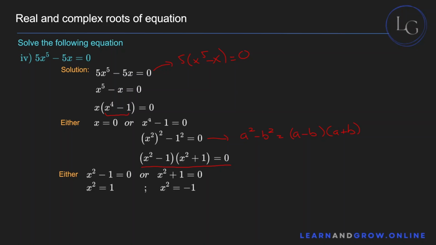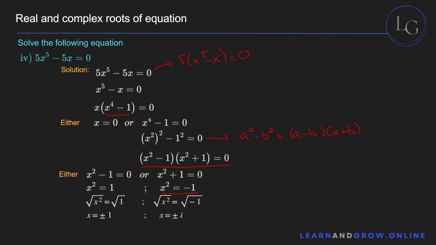Now, x square is equal to 1, so you get x is equal to positive 1 and negative 1. And if x square is equal to negative 1, you get x is equal to positive iota or negative iota.